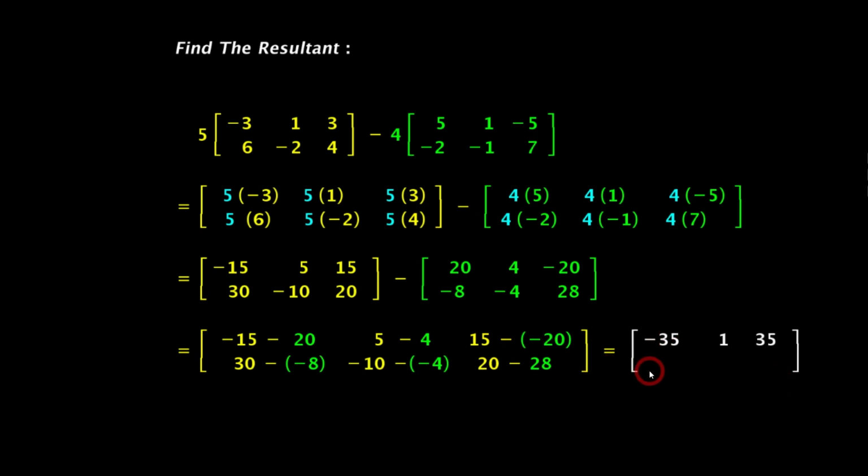Then row 2, column 1, simplified version of 30 minus negative 8, basically 30 plus 8, 38. Negative 10, minus negative 4. Negative becomes positive 4, and negative 10 with positive 4 is negative 6. 20 positive, 28 negative. Two different signs means subtraction. Keep the sign of the bigger number and subtract the smaller number from the bigger one. So it's negative 8. Done.